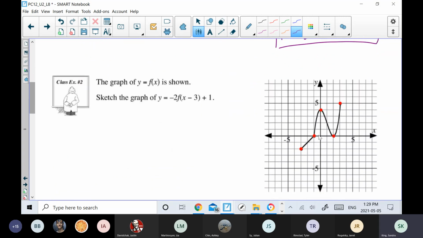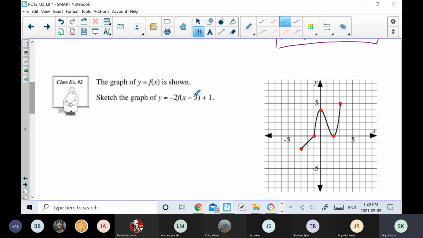Okay, let's do one with mapping. So it says the graph of y is equal to f of x is shown. So this is the graph of y is equal to f of x. Sketch the graph of y is equal to -2f of x minus 3 plus 1. So I need you to write all of your parameters.